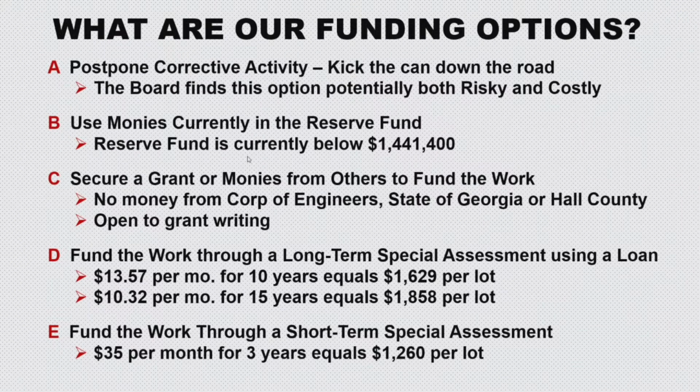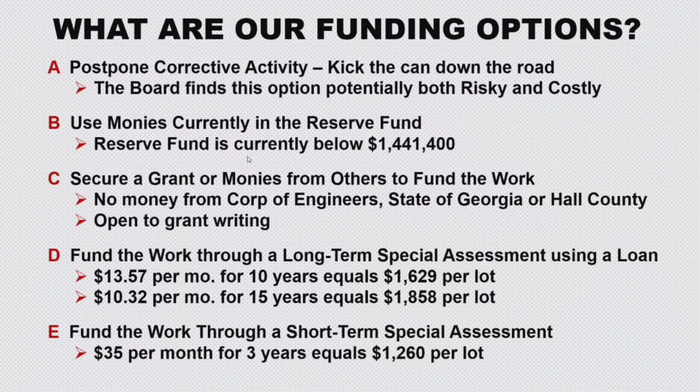Fund the work through a long-term special assessment using a loan. I originally kind of liked this idea because when we first started talking about this, prime rate was less than 2. I think it's 3.5 now. And if prime's 3.5, banks are going to loan between 250 and 300 basis points above that.